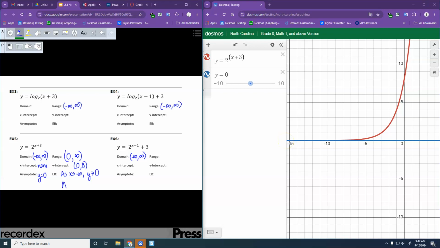Okay? As X approaches positive infinity, what happens on the right side? What happens to our Y values as we go to the right? Up, up, up, up, up, which is going to be positive infinity.